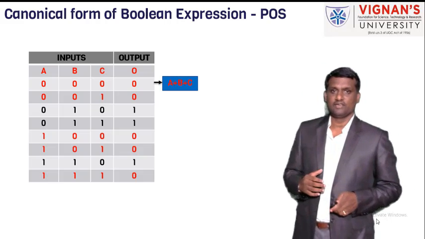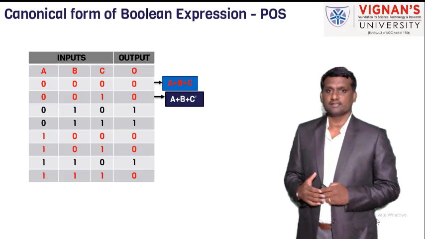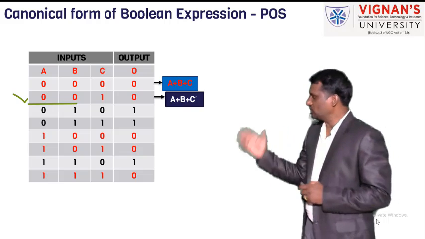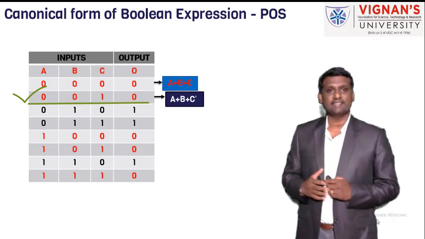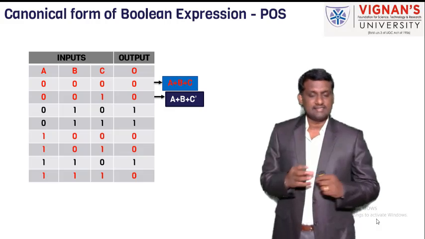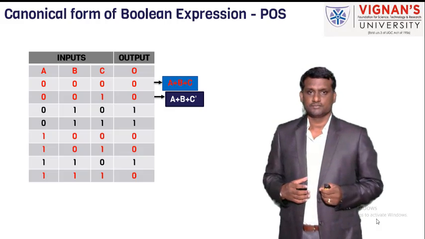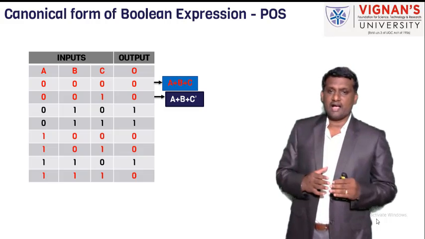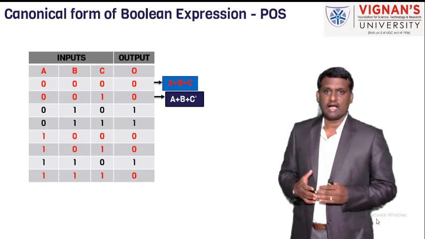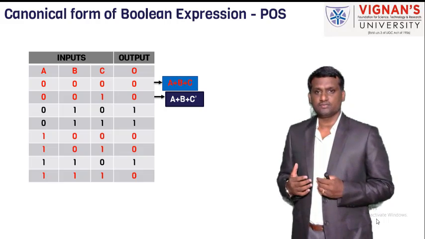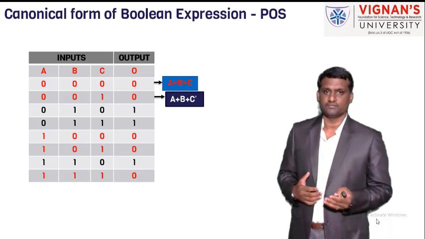Similarly, if you observe the second combination, 0, 0, 1, its output is also 0. That's why that is also considered for formation of a sum term. A and B are zeros, so those variables are direct variables, whereas C is 1, so the variable should be in complemented form.